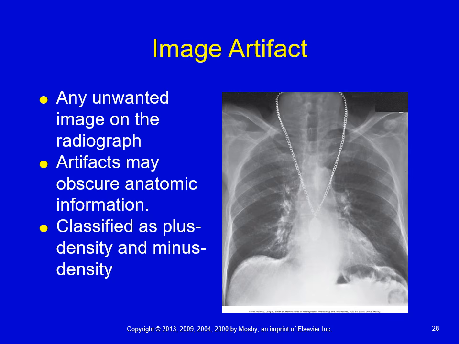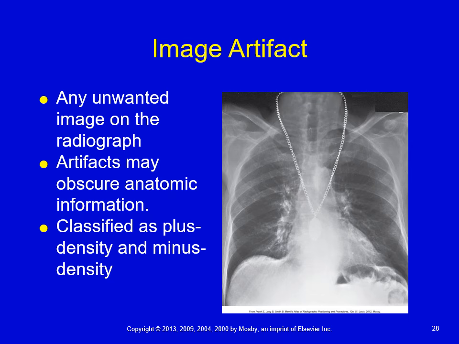Now, we should have done that at the beginning when we got the patient dressed, but this obviously was missed on the patient, or maybe they came in as a trauma and it was missed. But in any case, this happens in real life, and the only way to get rid of this artifact, which we would want to get rid of, is to retake it with that necklace removed.